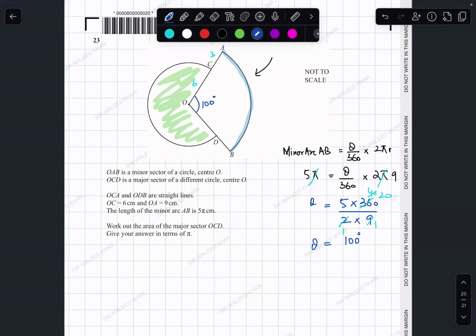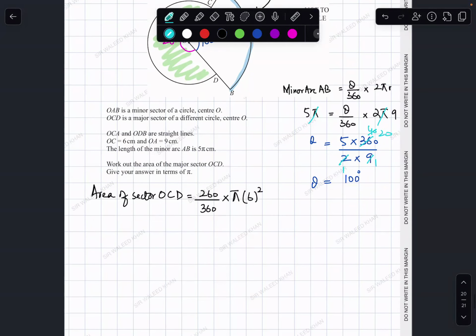Now I can easily figure out this angle over here, which is 260 degrees. And because I'm concerned with the area of this, area of sector OCD will be 260 over 360 times pi r square. Work it out.